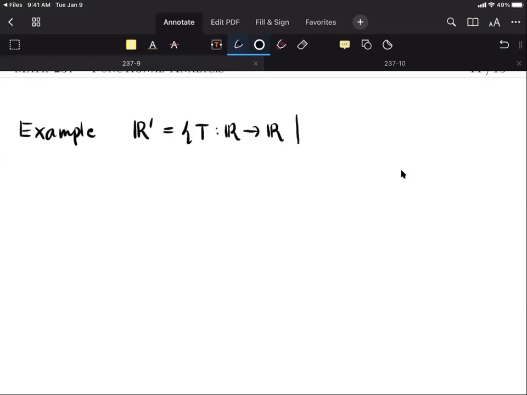And since the domain is finite dimensional, it follows that all linear operators from R into itself are bounded. And as we have discussed last time, a linear operator between R and R must be of the form, for some real number m, T of x must be equal to mx for all x in R.